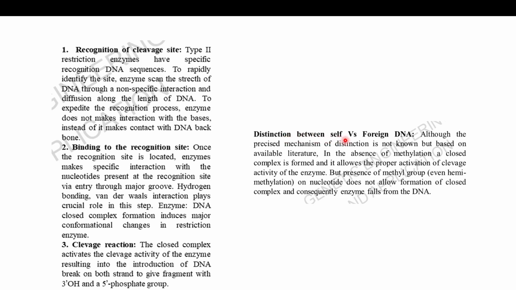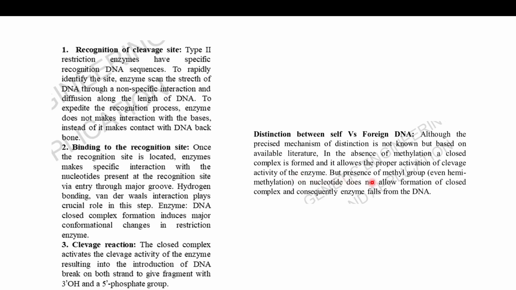Now, this distinction we talked about, via methylation, so as to distinguish between self versus foreign DNA. Although the precise mechanism of distinction isn't known yet, based on the studies done till now, what is suggested is that in the absence of methylation, a closed complex is formed and it allows for the proper activation of cleavage activity of the enzyme.